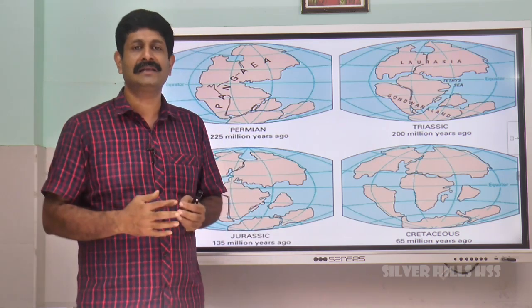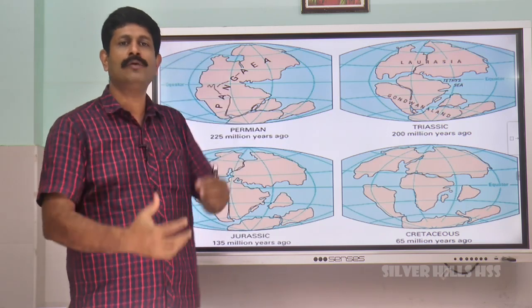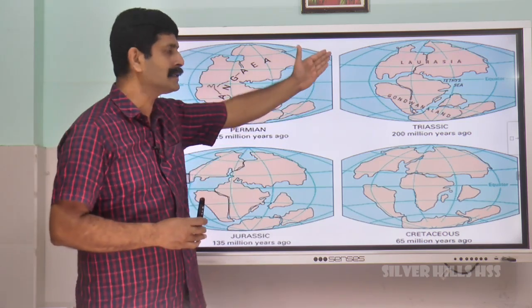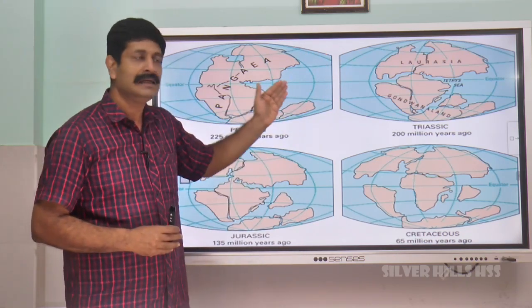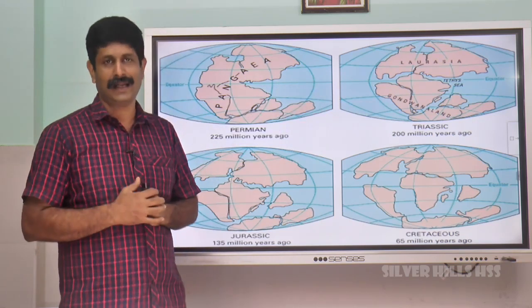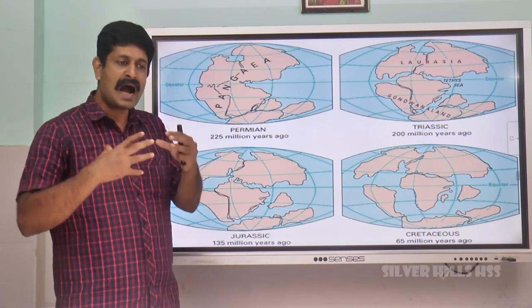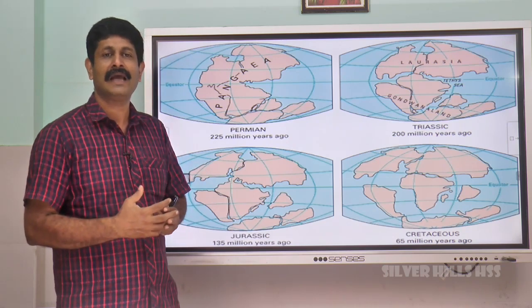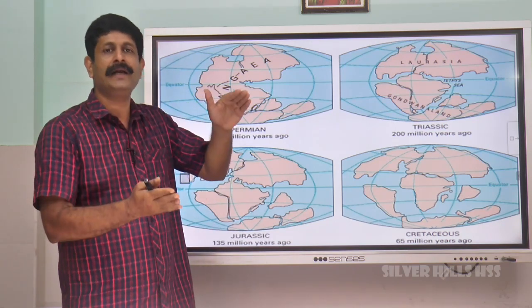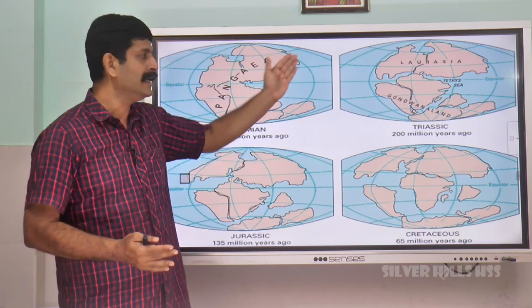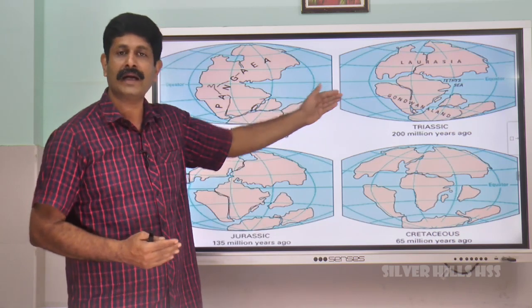After many years, because of the rotation of the earth and other seismic activities, it split into two: Laurasia in the northern hemisphere and Gondwanaland in the southern hemisphere.